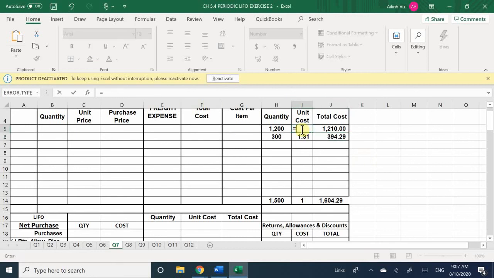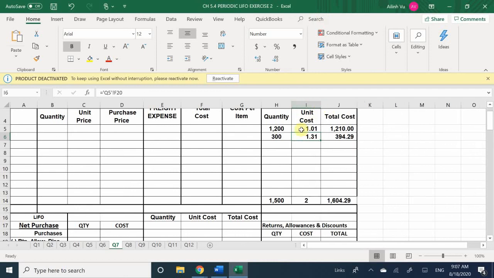Here we're going to resolve for a new cost per item, because at this point we don't know if we're going to be tapping into this batch right here. But we know that number is not a very even number.